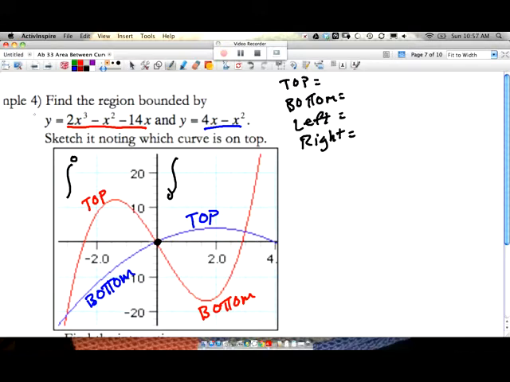So the first one, let's call this f, and the second one we'll call g. So then we're going to have f minus g, because the f is on top the first time. And then the second time we're going to have g minus f.